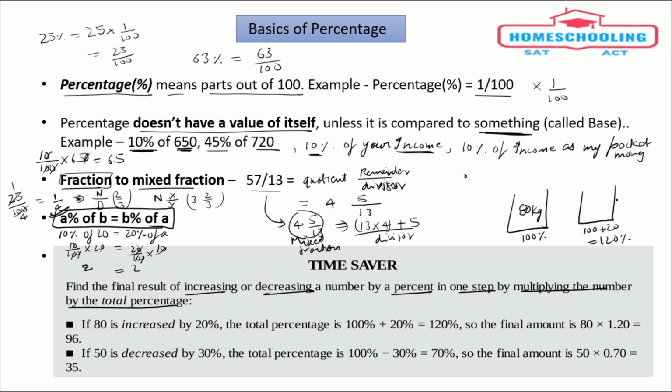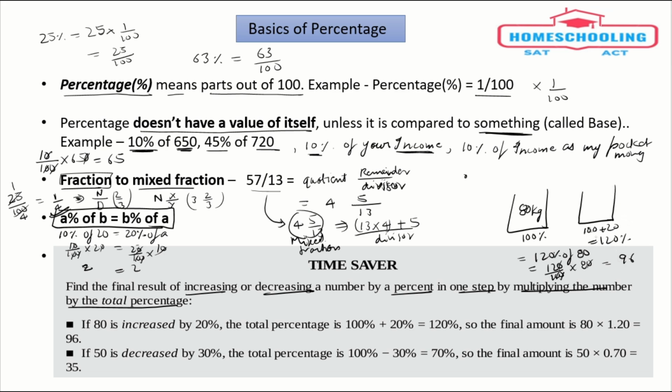Then how much rice can it hold? That can easily be found by 120% of the original amount, because 20% has been increased. So 120 by 100 into 80 kg, that is 96.